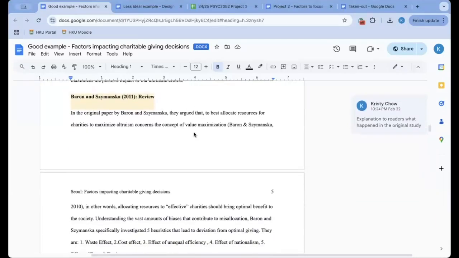They also provided a brief review as to what happened in the original paper, Baran and Szymanska, 2011, so that readers will actually know what the original paper did and what they found to provide a more comprehensive understanding of how Project 2 is building on the original paper.